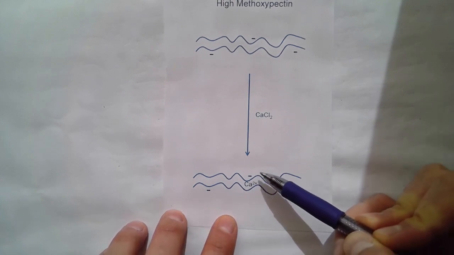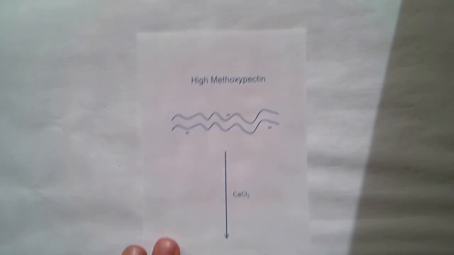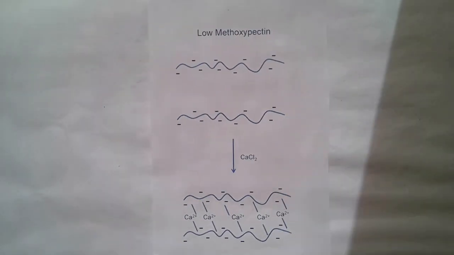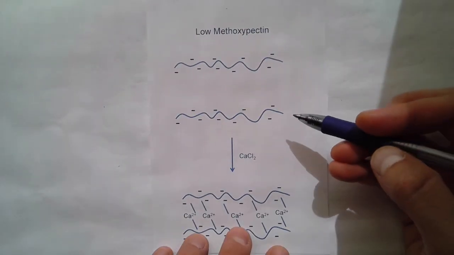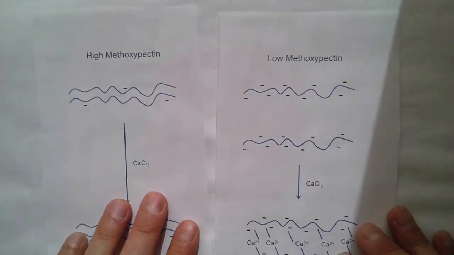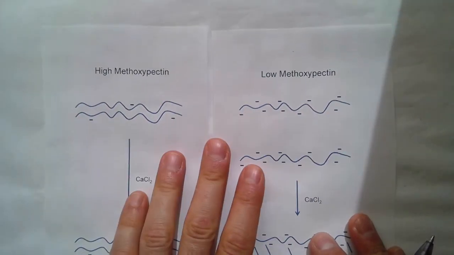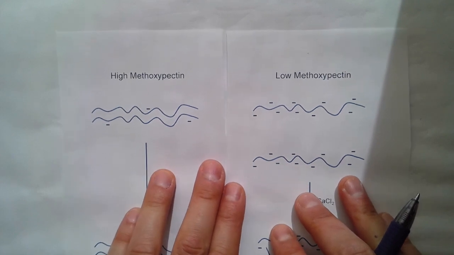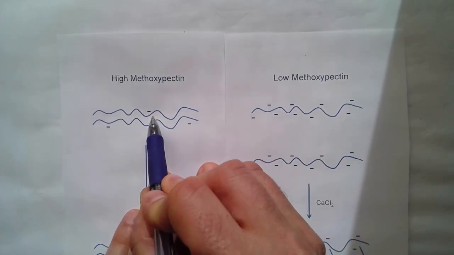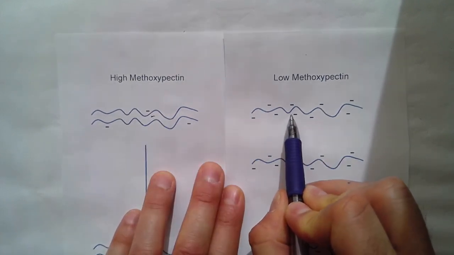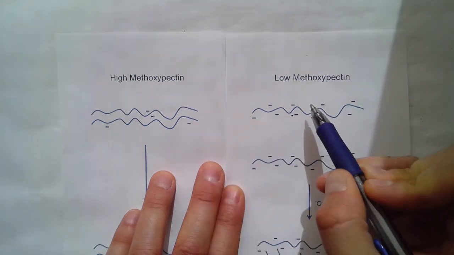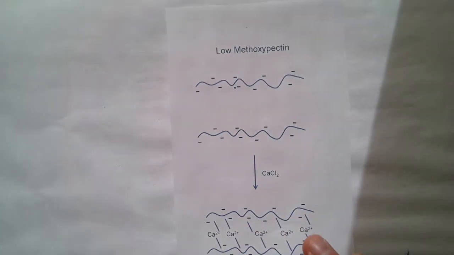We're going to have some tissue maintenance there, but it's not going to be as effective as if we started with low methoxypectin. And the way that we go from high methoxypectin to low methoxypectin is to add PME. And PME converts high methoxypectin to low methoxypectin by converting those methyl esters to carboxylic acid groups.